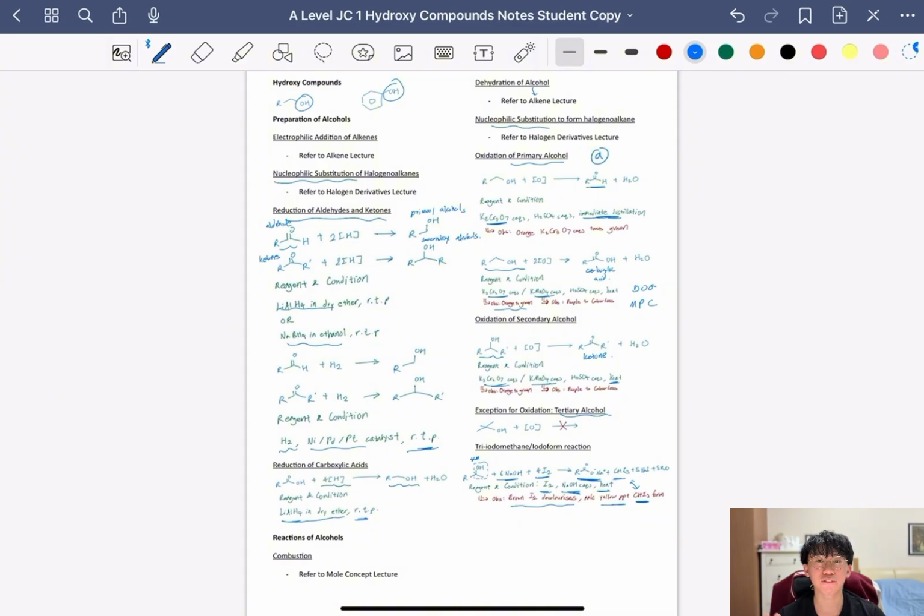Again, I must emphasize that you need to memorize these three things and understand them if possible. One is your reagents and conditions, which you definitely have to memorize for all the reactions, and there's a lot of them for this chapter, so please memorize them. Two is to memorize and understand your reaction mechanisms. So in this chapter, it covers a lot of the reaction mechanisms that have been covered in your previous chapters, like your halogen derivatives, your arenes, and your alkenes. So do revise those if you need to.